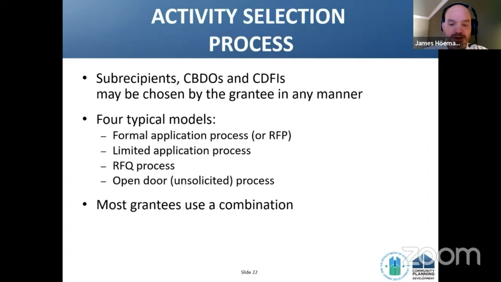Now, I was a grantee on the city, the county, the state, and regional level, and we often found that it was much easier for us to have a formal process where we had defined time periods in terms of when we would receive applications and when we would get them done, because we had a very small staff.